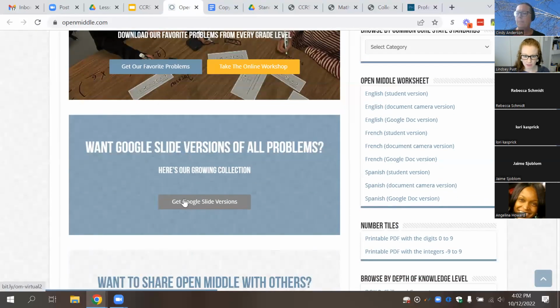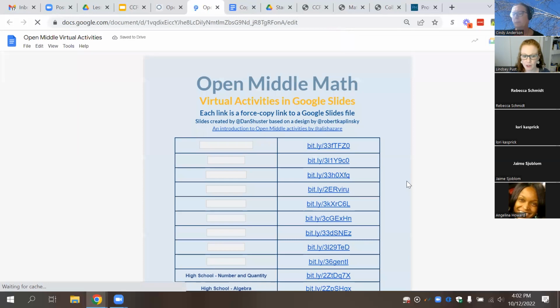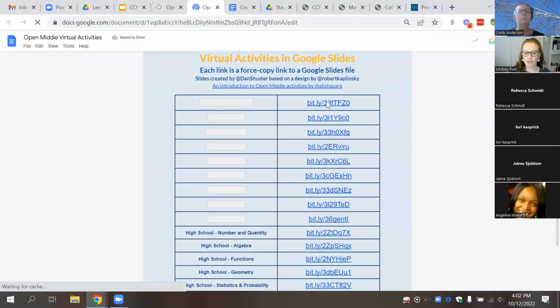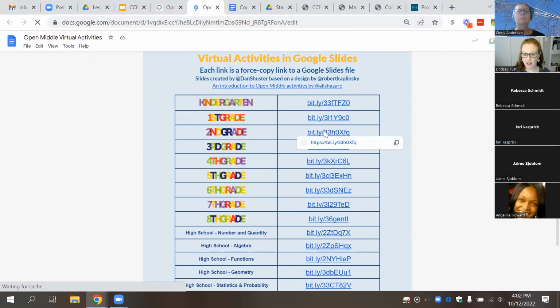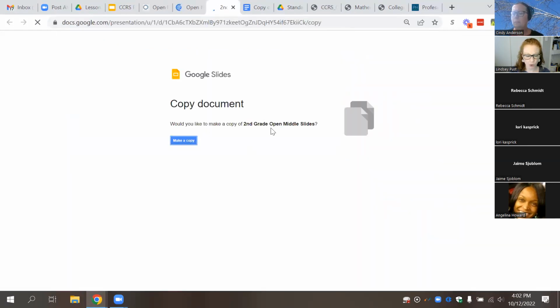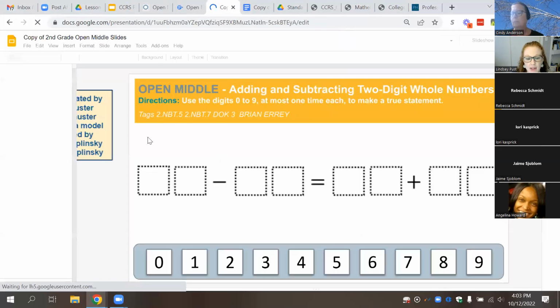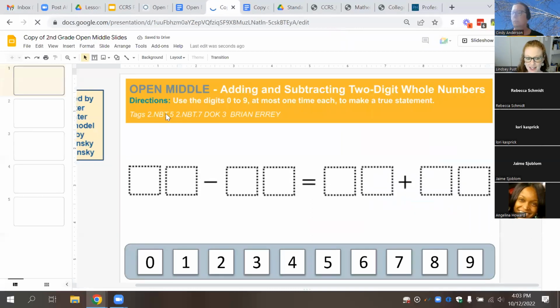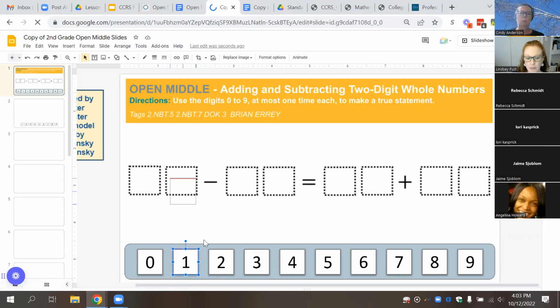So here on openmiddle.com there is a Google Slides version, because there are printouts as well. You could have paper, but if I were to click on 2nd grade, I get to make a copy of the whole PowerPoint, and then there are the standards on each question. They let me know what standard or standards it's targeting, and these are movable numbers.